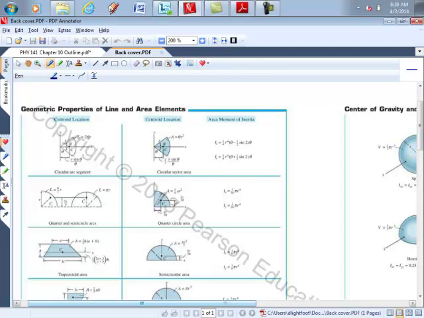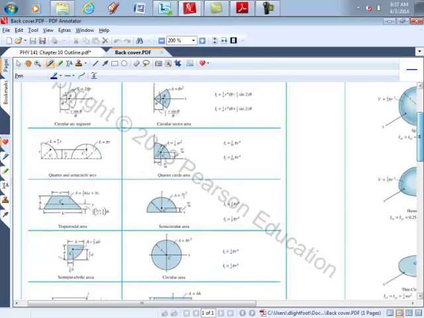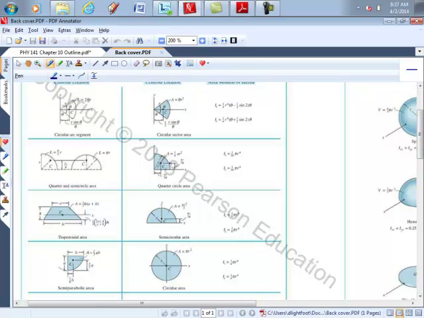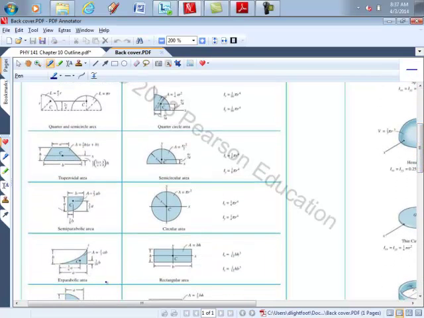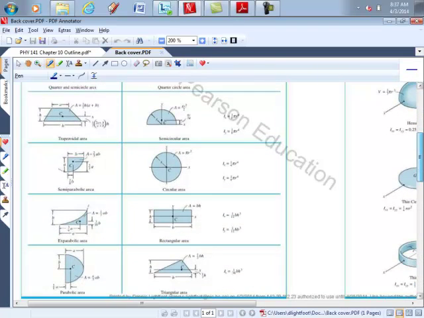So I'm not sure at College of the Rockies if your final exam is open book or if he's going to give you copies of this table, but either one, you'll have access to this table, which shows for various areas, there's quarter circle, half circle, full circle, semi-parabolic area, trapezoid, arcs of circles, semi-parabolic area, rectangles, triangles, full parabolic area.